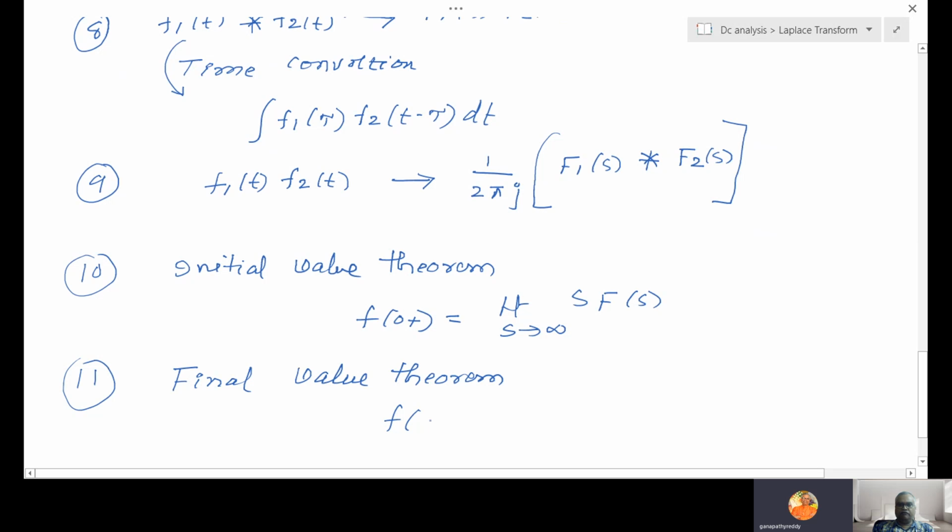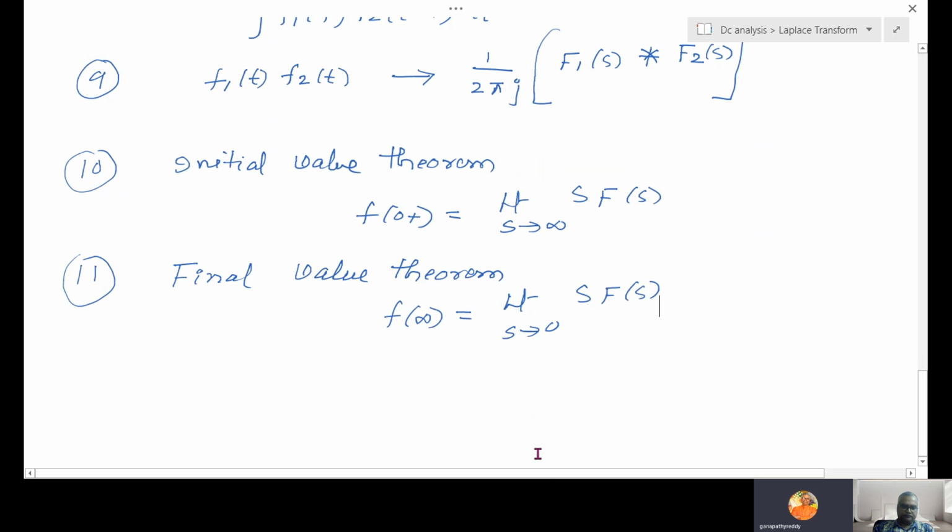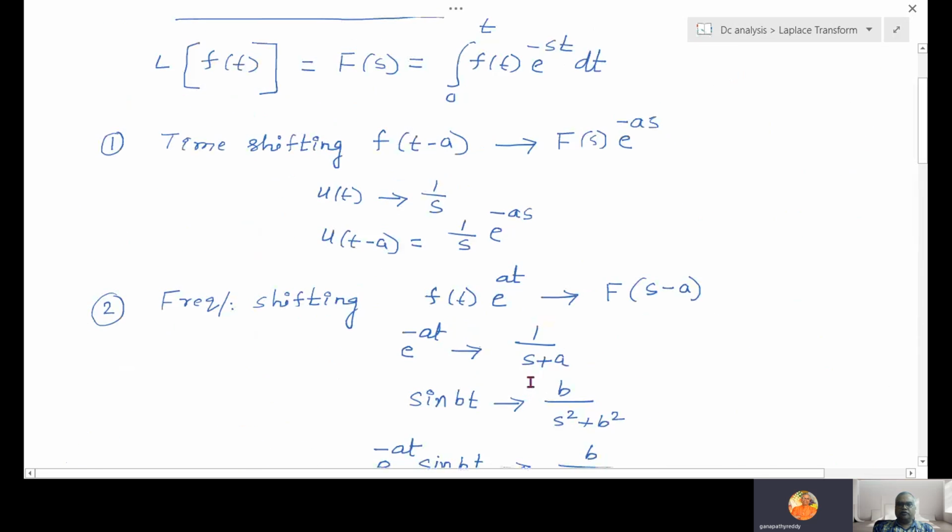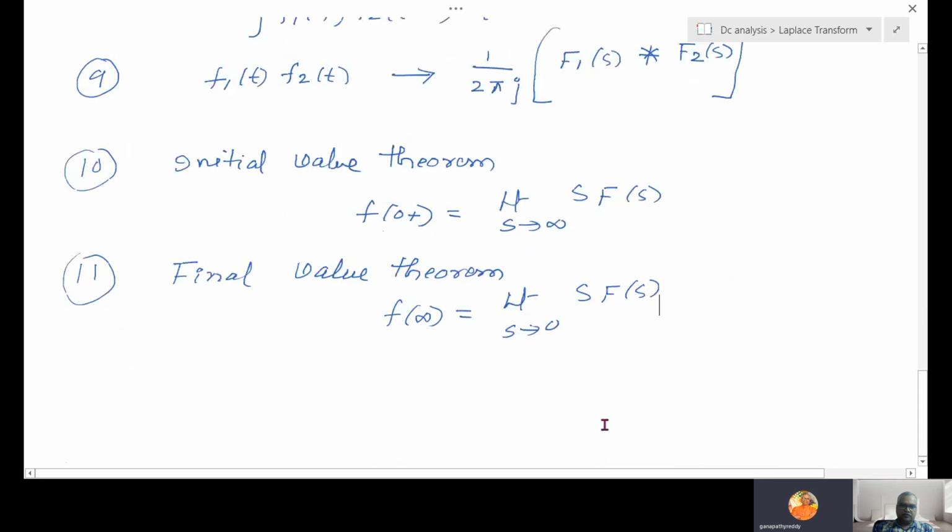F of infinite, the final value, is limit s tends to 0 of s into F of s. S tends to 0 gives the final value at infinite time, and s tends to infinite gives the initial value. So all these are important properties.